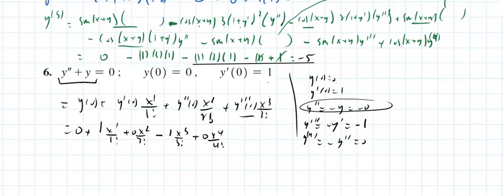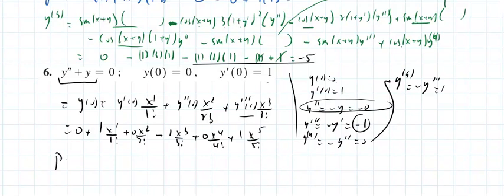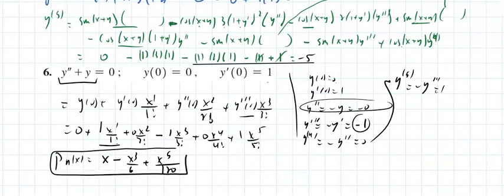And if I take the fifth derivative, that is negative y triple prime. Triple prime was a negative 1, so that's a 1. So I could say the third degree polynomial in this case happened to be, or the first three terms of this polynomial, it's an infinite polynomial, it's x minus x cubed over 3 factorial, which is 6, plus x to the fifth over 5 factorial, and 5 factorial is 120.